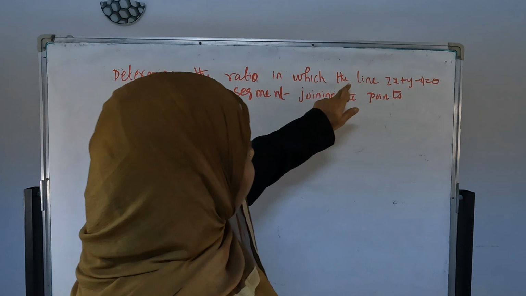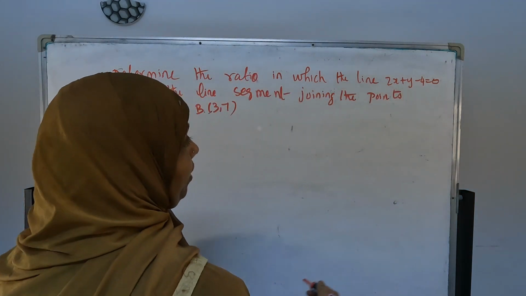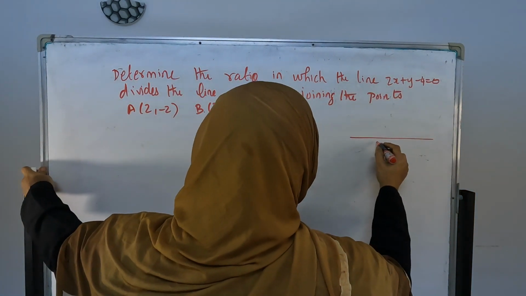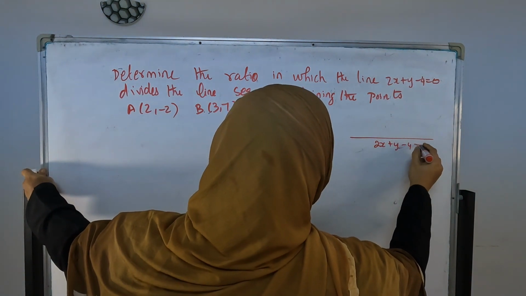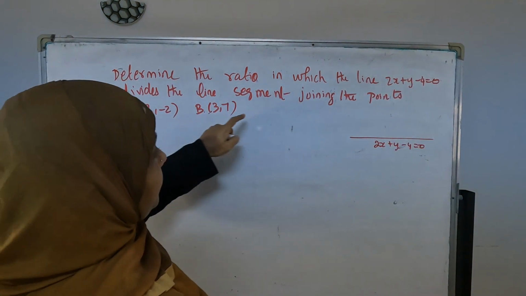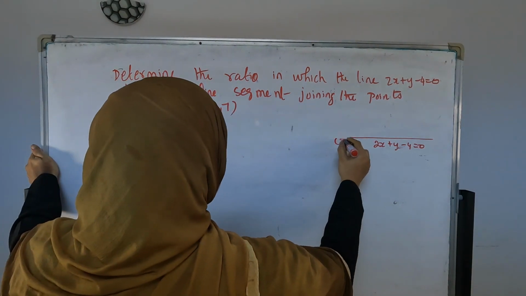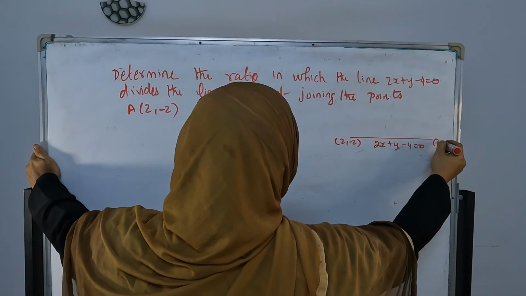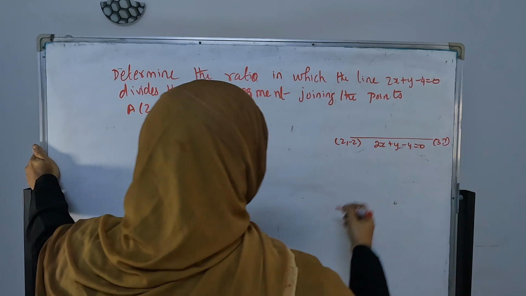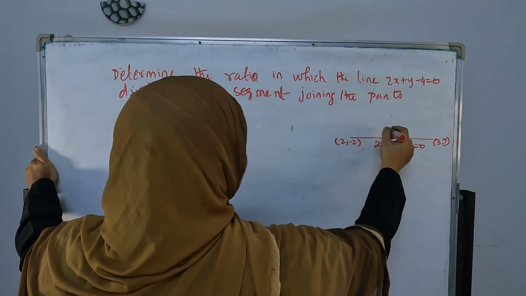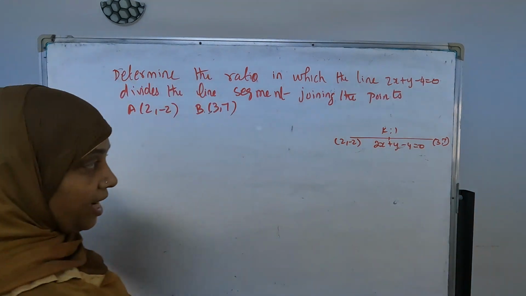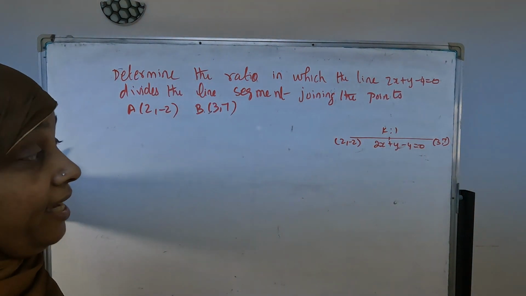Determine the ratio in which the line 2x plus y minus 4 equal to 0 divides the line segment joining the points (2, minus 2) and (3, 7). So here there is some unknown ratio k is to 1 in which it is dividing.